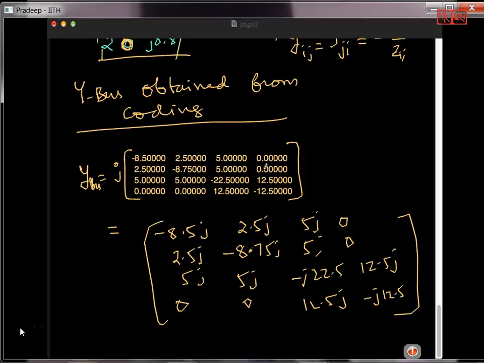So just simply by entering the data, I am able to get the Y bus. Any doubts up to here? I will share the code also.